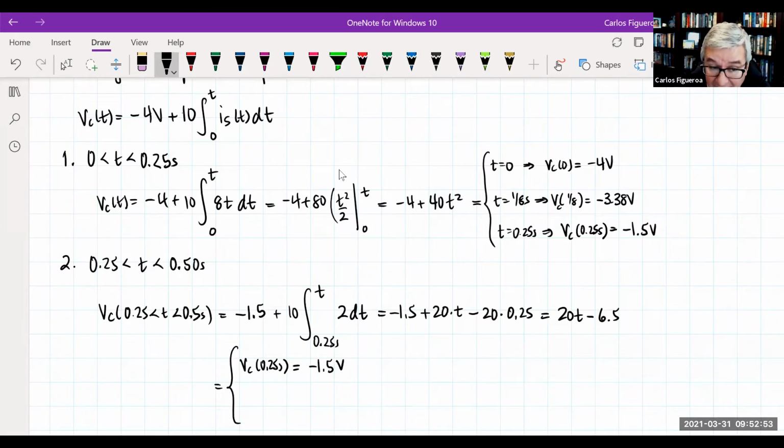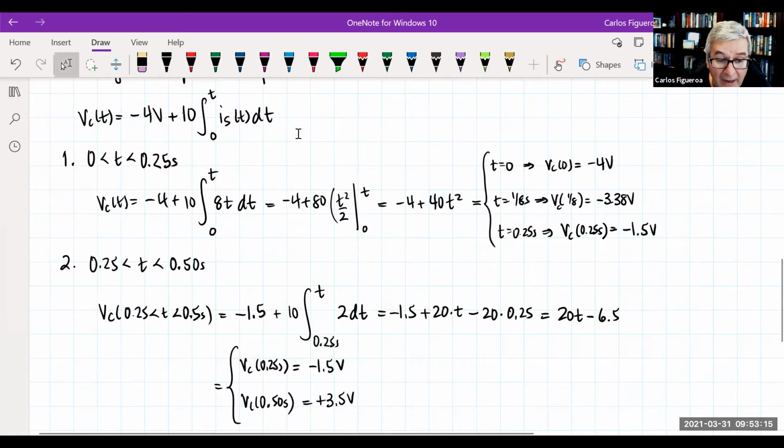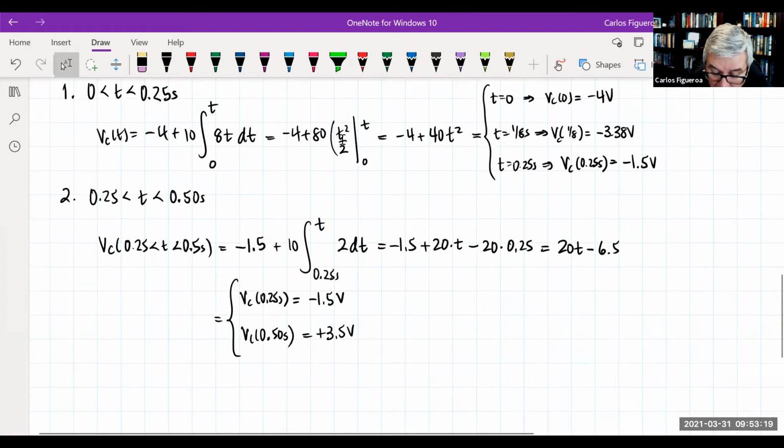Now, because I have a higher current, I would expect a bigger change in the voltage of the capacitor. So if I go for another 1/4 of a second to 0.50 seconds, you're going to see that there's a bigger jump. And if I just plug in my numbers, I get 3.5 volts. So right away, that's what I would expect for the voltage here.